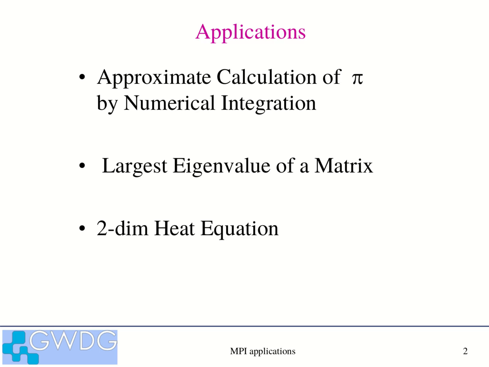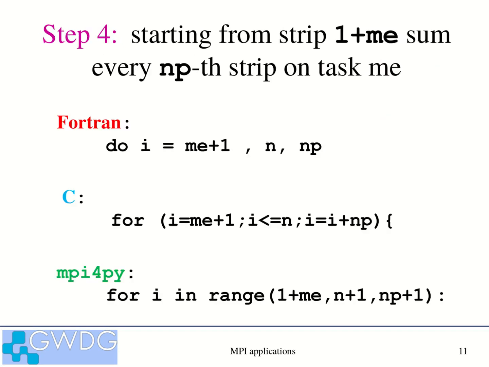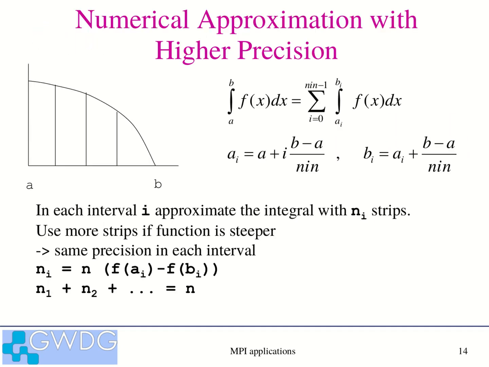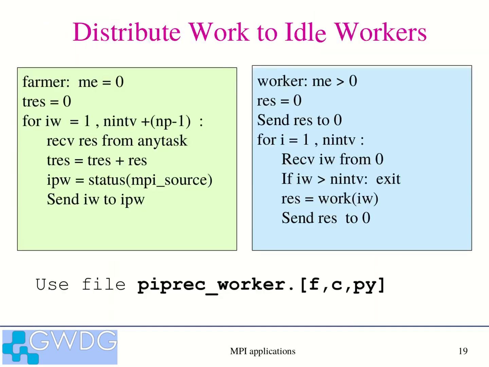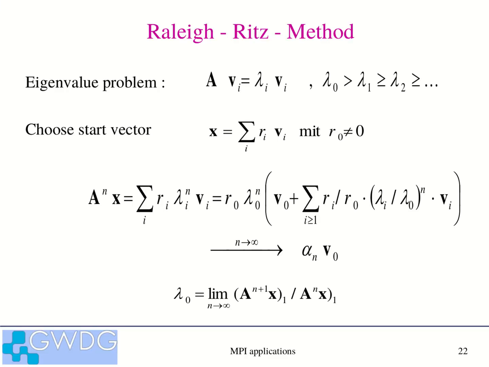Yesterday we had the approximate calculation of pi. Now we want to determine the largest eigenvalue of a matrix. This is a rather mathematical problem, just to determine the largest eigenvalue of a symmetric matrix.